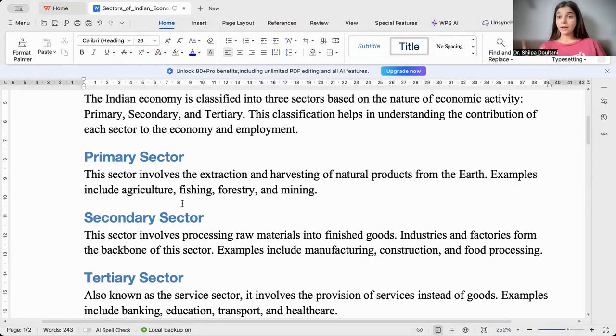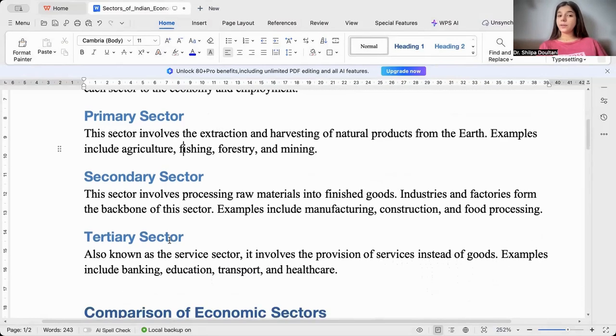To convert any raw product to the final finished product, we need certain industries and factories. In the secondary sector, industries and factories become the backbone, because without them a raw material cannot be converted into the final product. So that includes manufacturing, construction, and all food processing firms. That is our secondary sector.